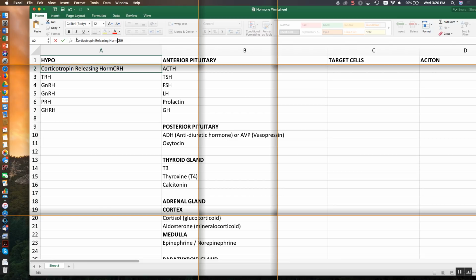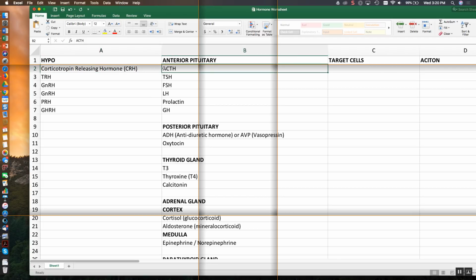It is released. Now remember, anything under this column is being released from the hypothalamus. It travels by those portal vessels to the anterior pituitary, where it triggers those endocrine cells to now release ACTH, which is adreno. Oops, did I spell that right?